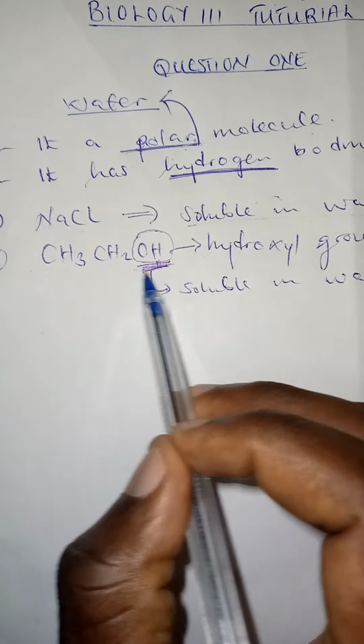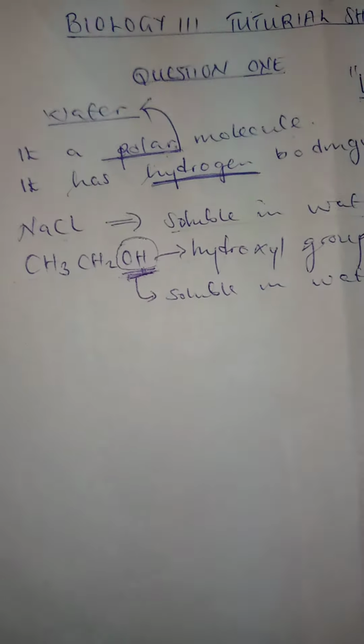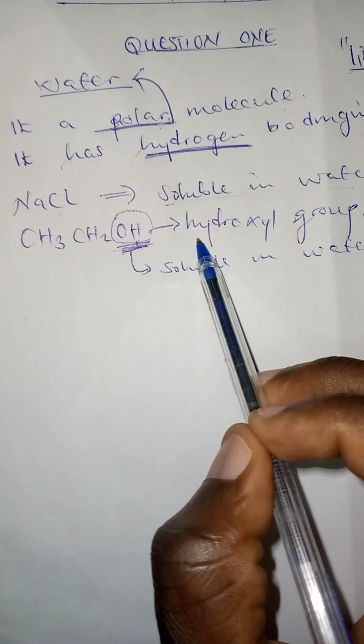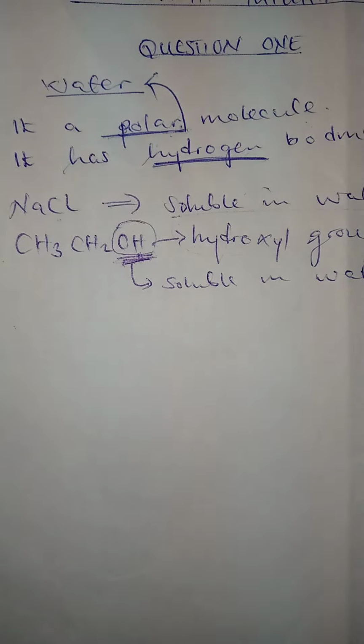ethanol. The general formula for ethanol has a hydroxyl group, this one. This hydroxyl group is able to react with the water to form hydrogen bonding, which is one of the characteristics of water that we mentioned earlier.